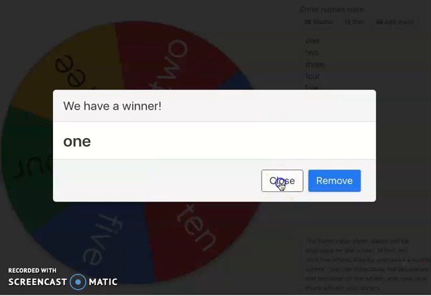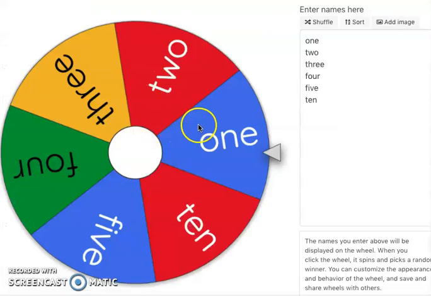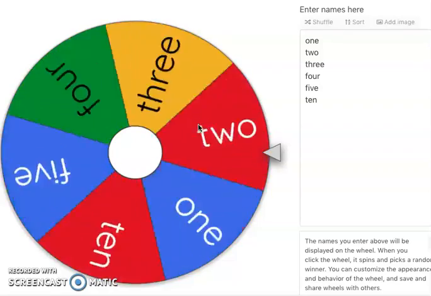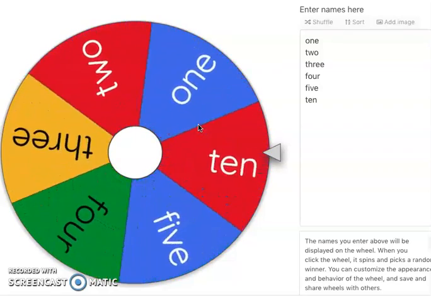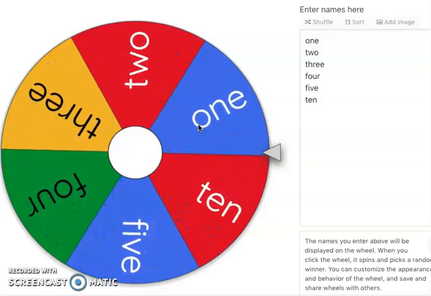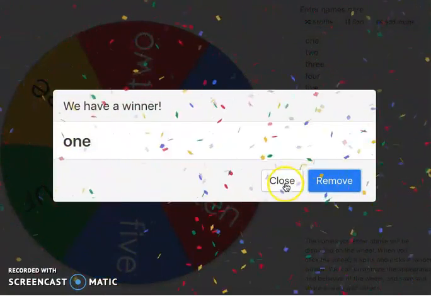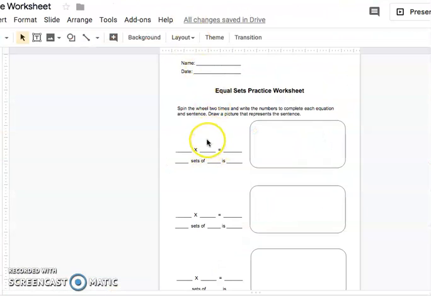So click close, go back to your worksheet, and you're going to put number 1. Now for the second number, we're going to spin one more time. Oh, 1 again. All right. So close and go back and put 1. Well, that was just an example.